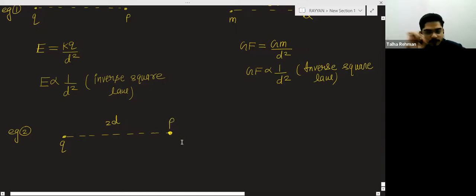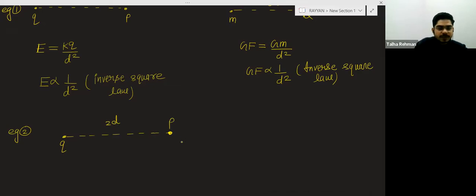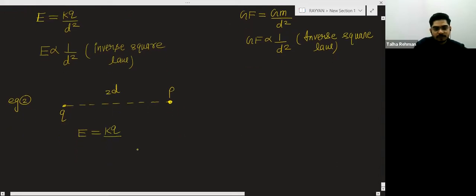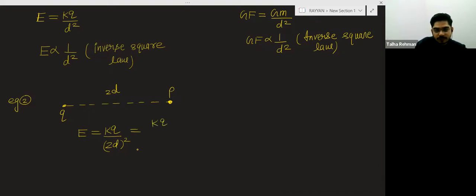So we will apply the formula. E is equal to K into charge divided by the distance square. What is the distance this time? 2d square. So this is (2d) square, means it will become kq divided by 4d square.